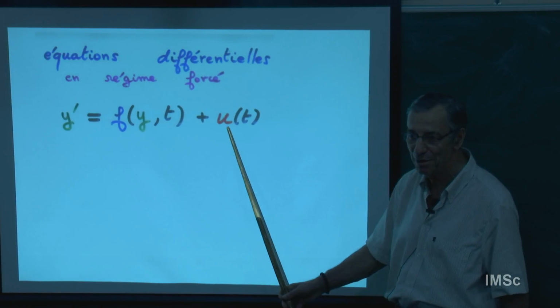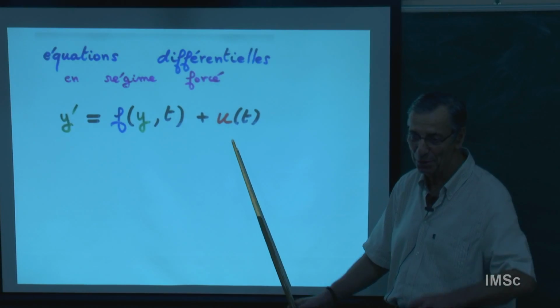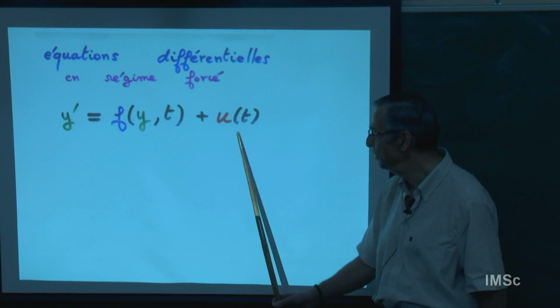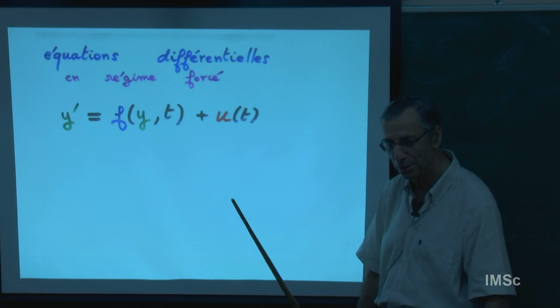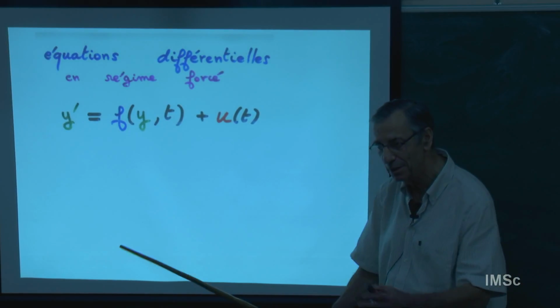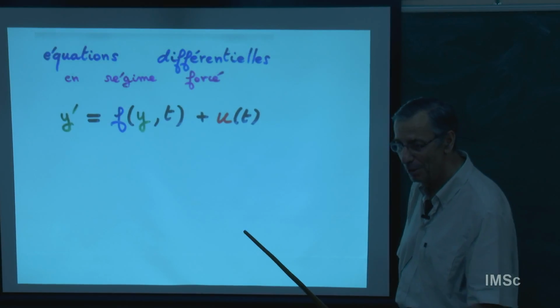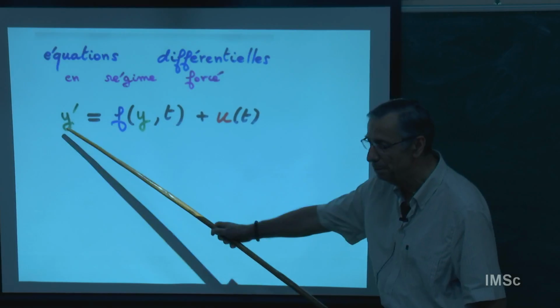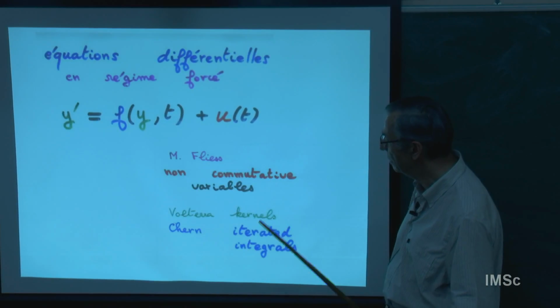So these are the waves. It's the function u, and then you must know the behavior of your boat as a function of u. So this is typically control theory, where you have an input. The output is what the boat is going to do, or what the plane is going to do if there is a lot of wind. So this is the input, this is the output, and you want to solve this differential equation.